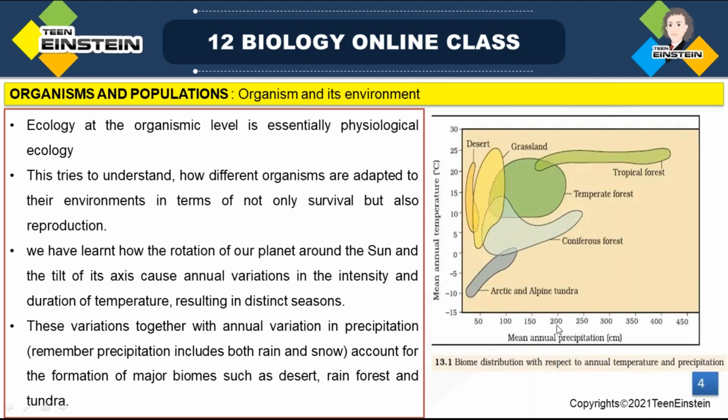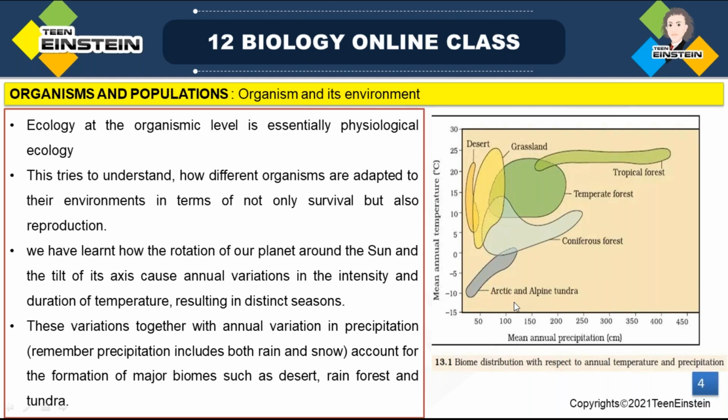Then Arctic and Alpine tundra. In that, temperature is around -11 degrees centigrade to 1. Okay, this is just above 0. Then annual precipitation is around 10 to 110 centimeters, this whole range. From here it's starting and up to here it's coming, right?